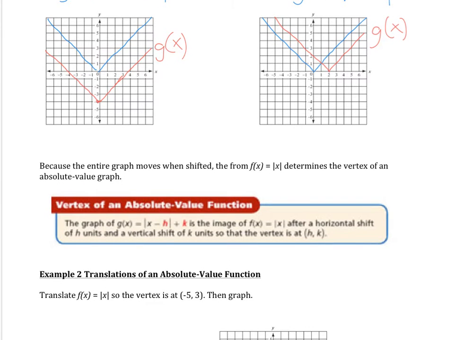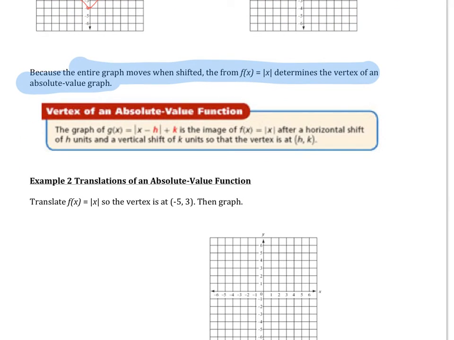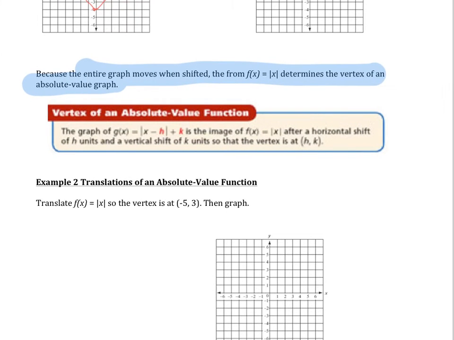This is very important because the entire graph moves when shifted. That's what determines the vertex of an absolute value function. So pay attention here. For the graph of g of x equals the absolute value of x minus h plus k, the vertex would be at h, k.